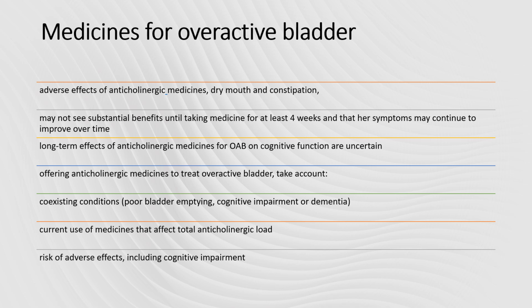Long-term effects of anticholinergic medicines for overactive bladder on cognitive function are uncertain. When offering anticholinergic medications to treat overactive bladder, take into account coexisting conditions like poor bladder emptying, cognitive impairment or dementia, current use of medicines that affect total anticholinergic levels, and risk of adverse effects including cognitive impairment.